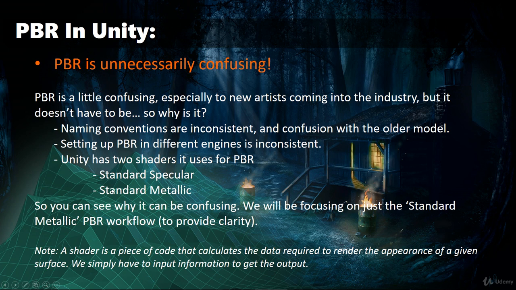But let's just focus on one, get one done, get one understood, and get one working really well in your mind, and then that will just pop. You'll understand what standard specular is once you understand standard metallic. Standard metallic is a lot more efficient as well in terms of the maps it uses. I'm right in saying it's the preferred method within Unity.